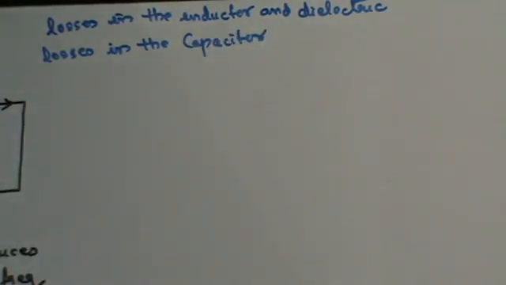Right? So as a result of this, during each cycle a part of the energy is used to overcome these losses.